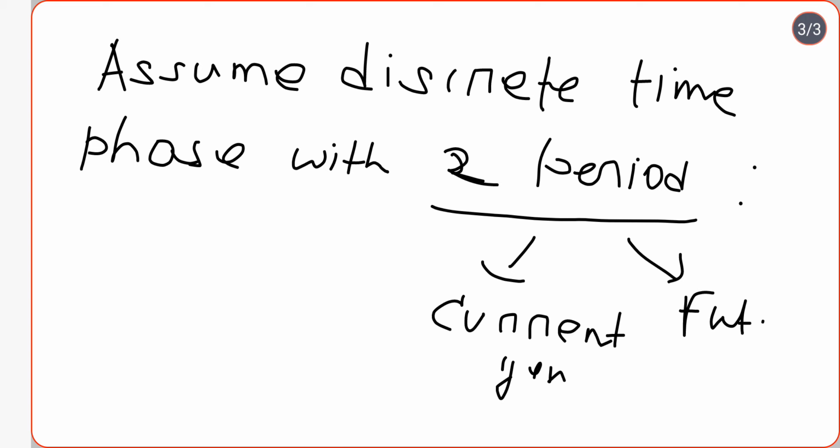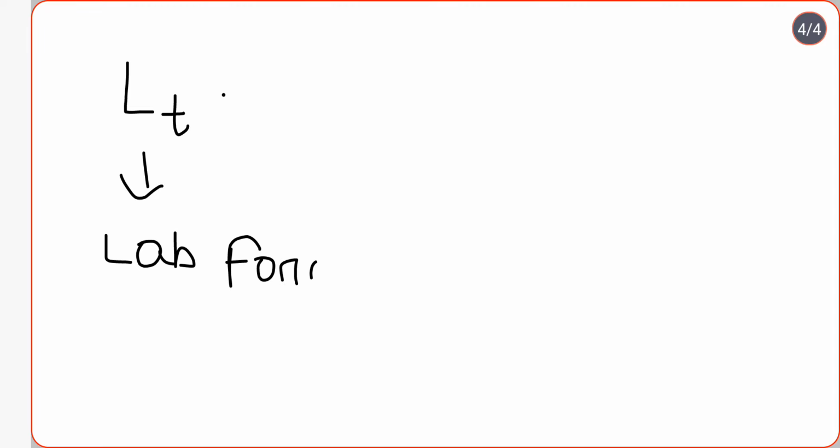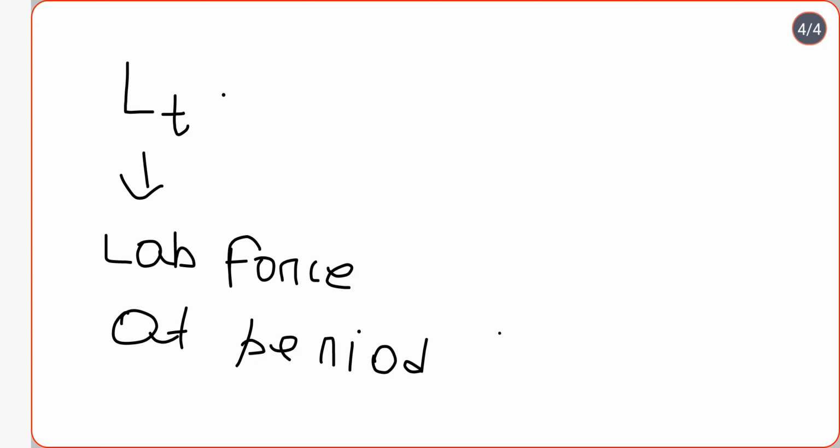Suppose we have a labor force at period t. What will be the labor force at period t? It will obviously be a proportion of the labor force at period t minus 1, multiplied by 1 plus n.